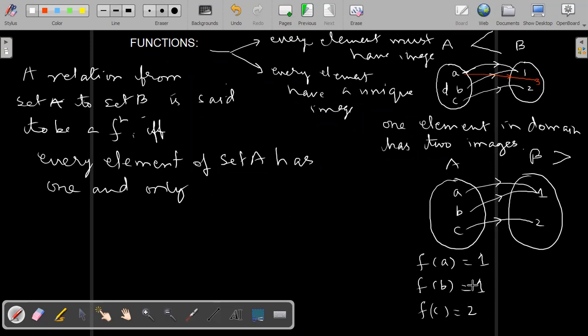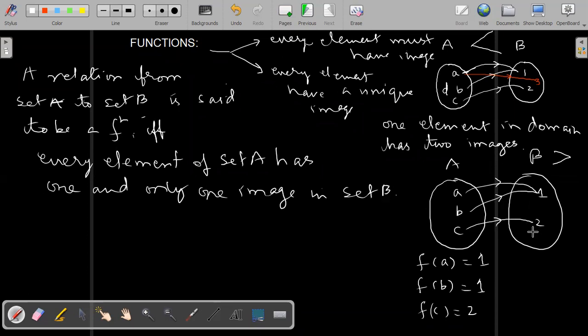It can be any number, but has only one image. So every element of set A has one and only one image in set B.